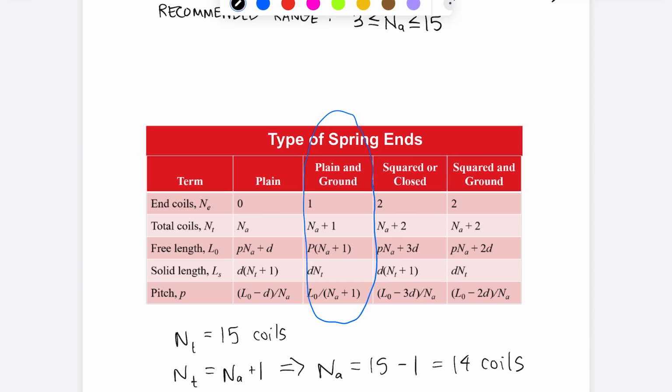Okay, so that's how you use this table. We also talked about the free length in the last video, which is the axial length of the spring when it's unloaded. And now today we're going to talk more about the solid length.